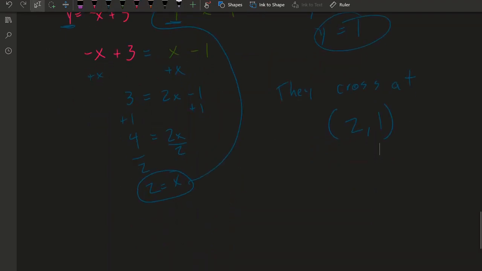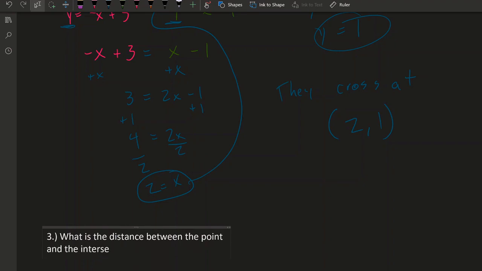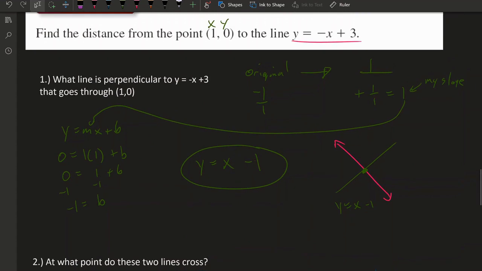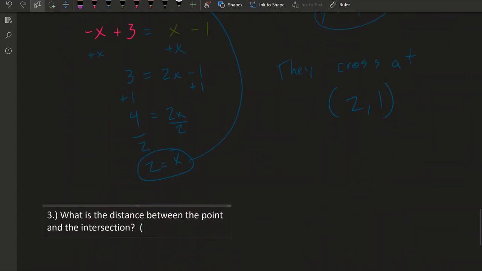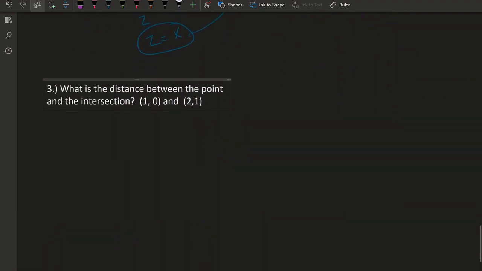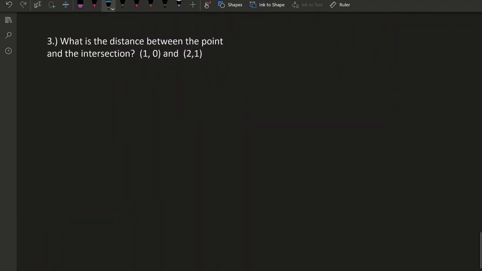The third piece is step 3. What is the distance between the point and the intersection? In our case, the point that we were originally talking about was (1, 0), and our intersection point is (2, 1). For this, we're going to require the distance formula that we learned in chapter 1.